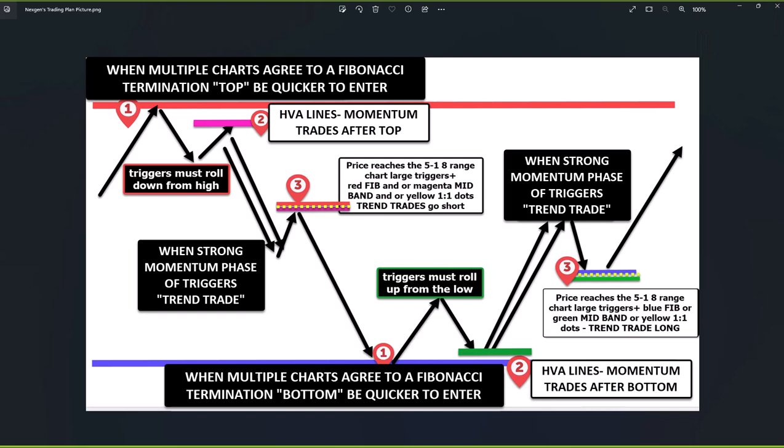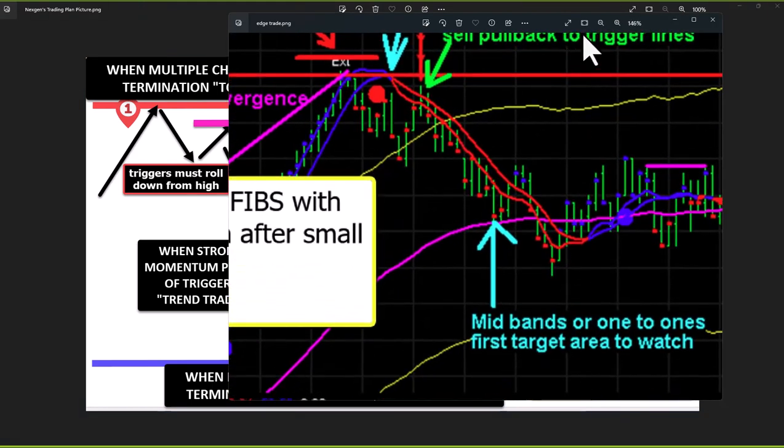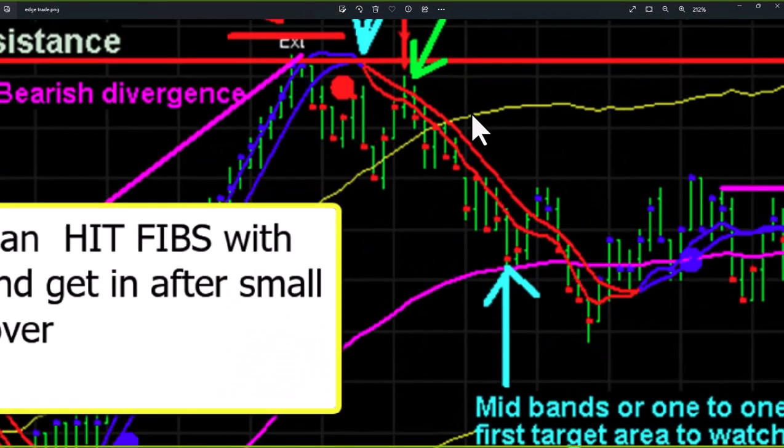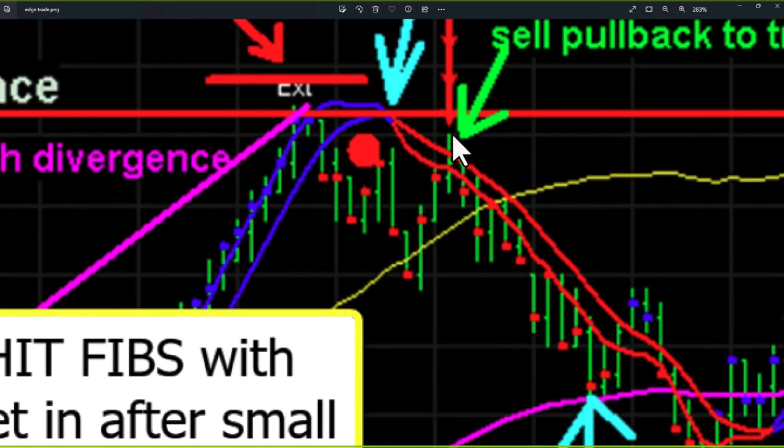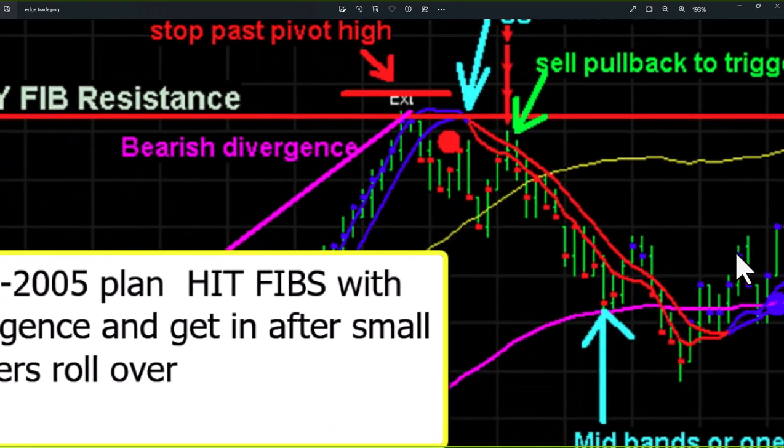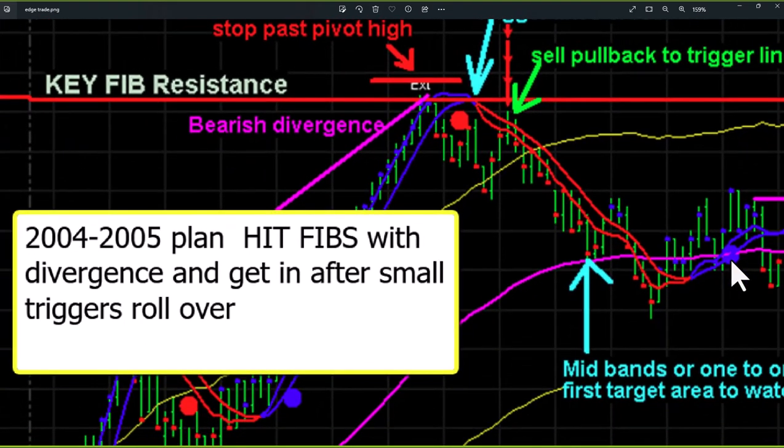And that's really the trade that we were teaching, if you remember, this trade from 2004. This is a momentum trade. We'd classify it as momentum because we had a good top because of fibs and divergence, and then momentum with the small triggers. That's all it takes. It's worked for a long, long time.